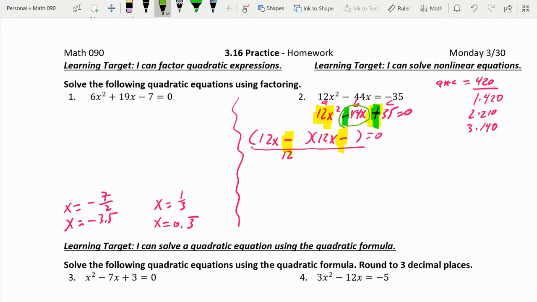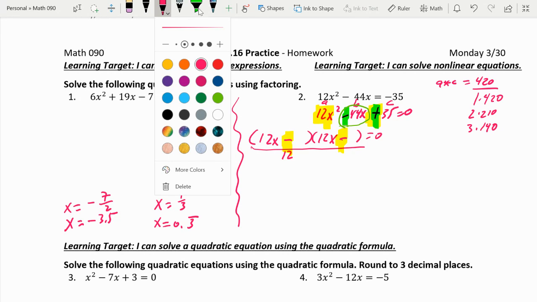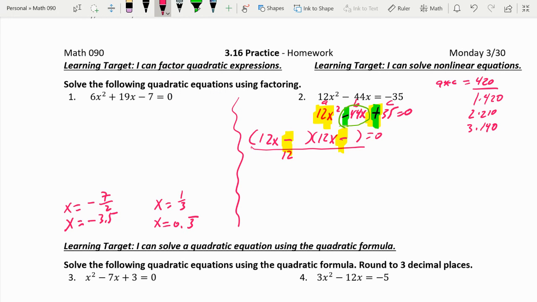I'm looking to get B. So what I have to do is add or subtract these pairs in order to get B. And because 420 is such a big number and is divisible by a lot of numbers, this becomes a pain in the butt. So either sit and watch through this or fast forward through this part.